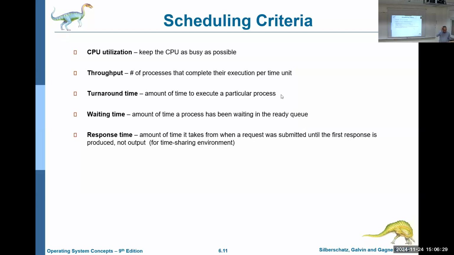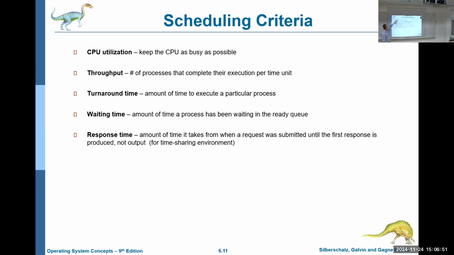So when we're talking about criteria for evaluating algorithms for scheduling processes, we have different algorithms and we want to be able to compare them. So these are 5 criteria for evaluating them. One is called CPU utilization.